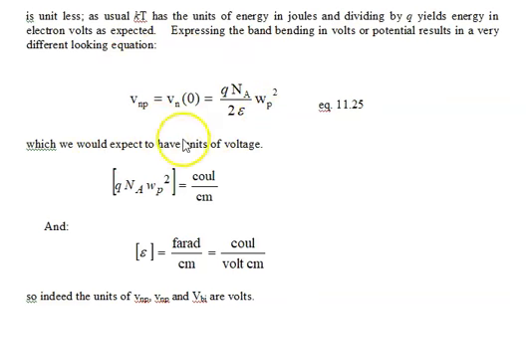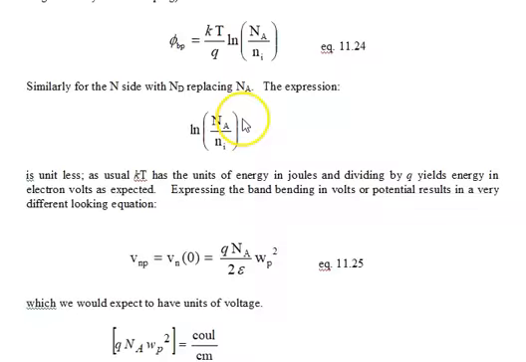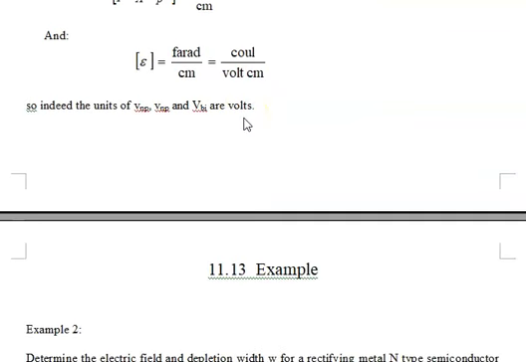So all of this thing works out to volts. Is it the same as this? It's pretty darn close, but it's not exactly the same. Volts are, as we know, joules per coulomb.